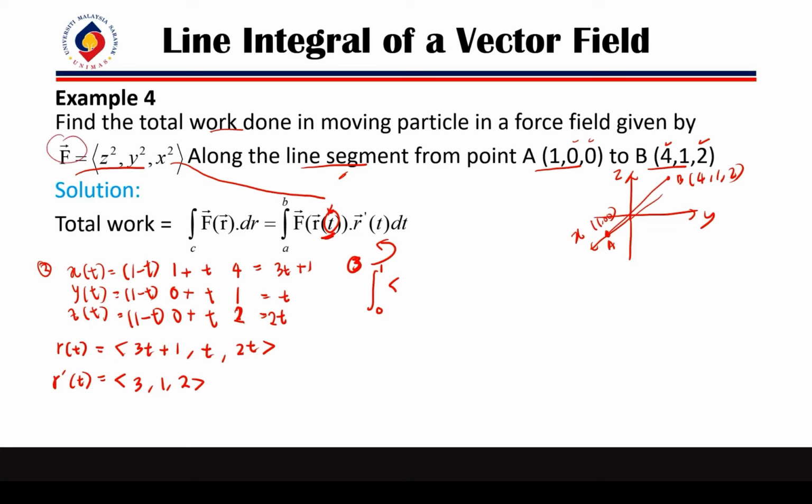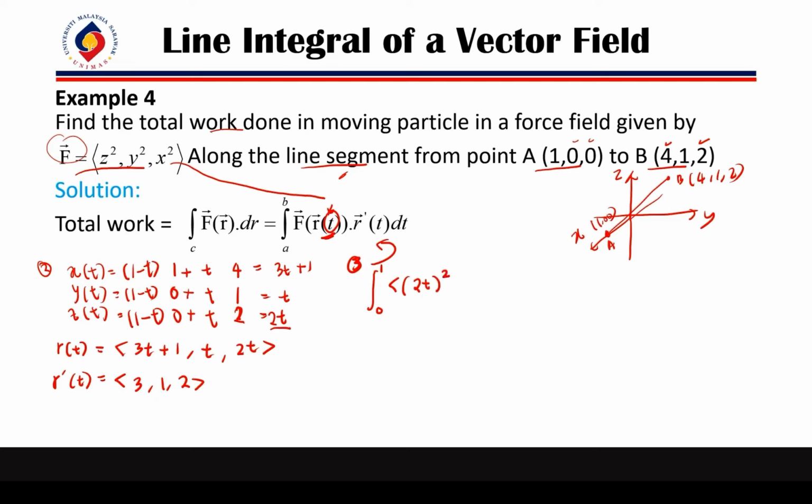So for the x here is 3t plus 1. Okay, f here is z. We consider z is 2t, so you have to do 2t squared.